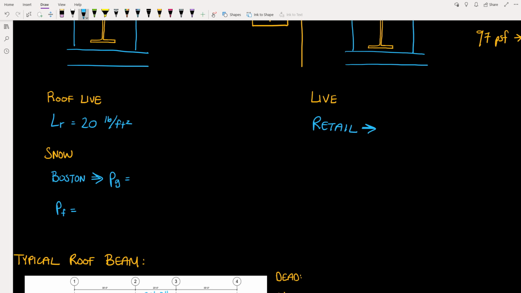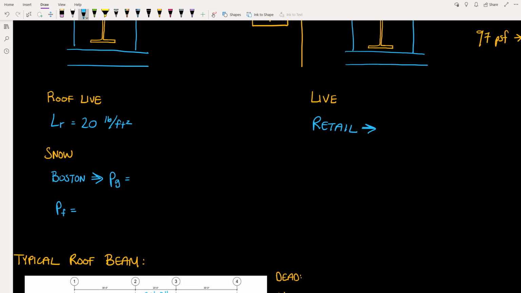That 20 pounds per square foot allowance is not intended for any kind of public assembly live load. So if you are intending to design a roof for public occupancy, say a green roof, you would definitely need a higher roof live load than 20 pounds per square foot.